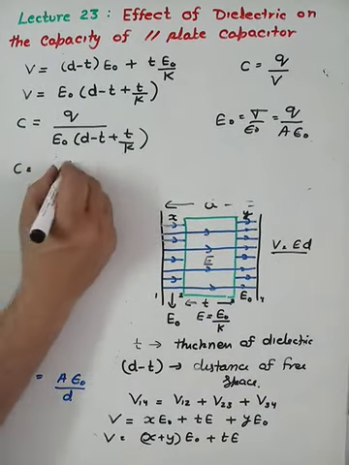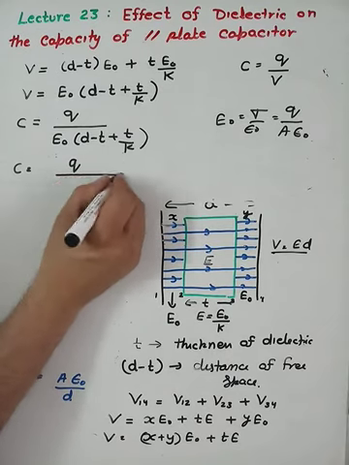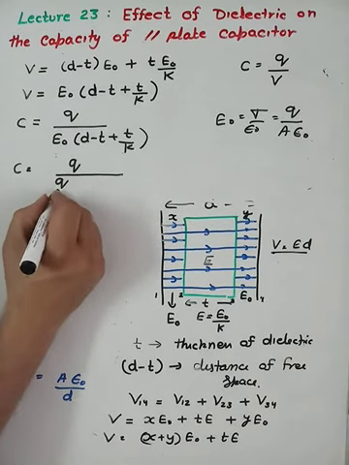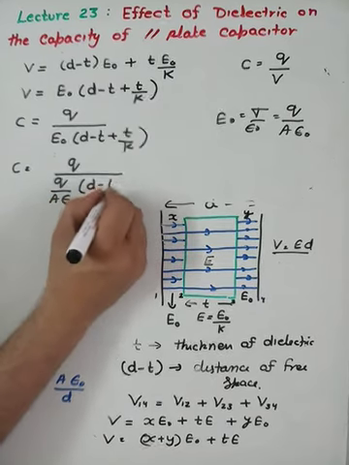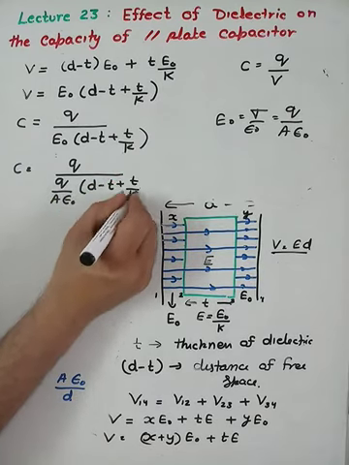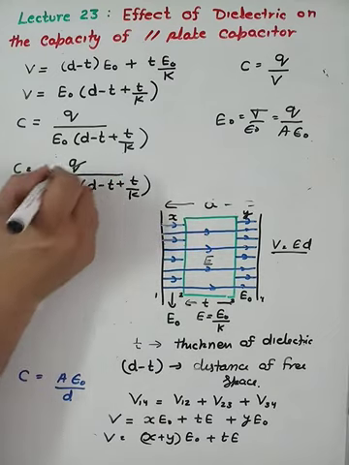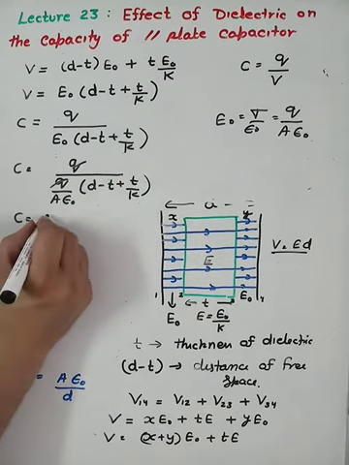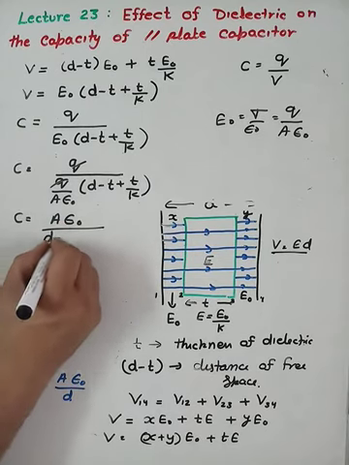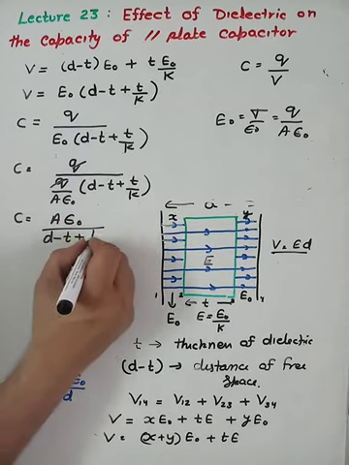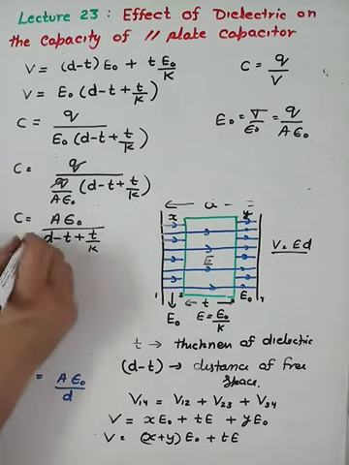Putting in this value, Q and Q cancel out, and we get C equals A epsilon naught upon (d minus t plus t by k).